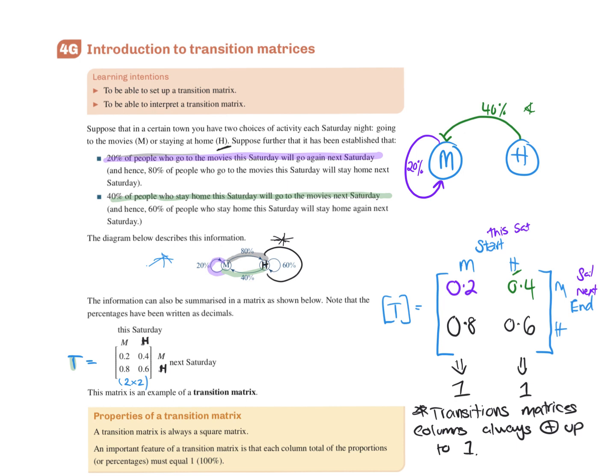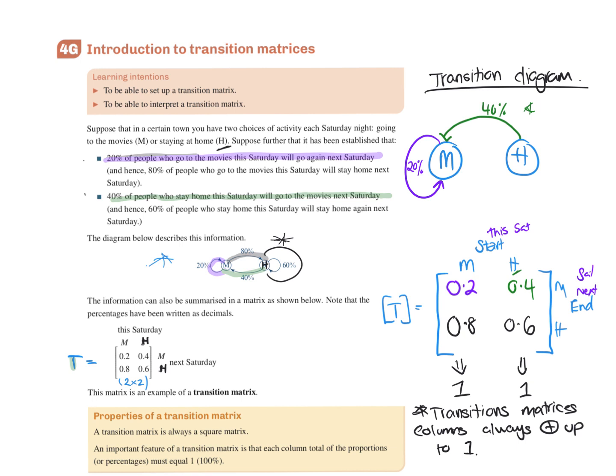So this is called a transition diagram. Very easy. What we call them is open-ended questions. Or I could give you this information in dot points and ask you to create a transition diagram.